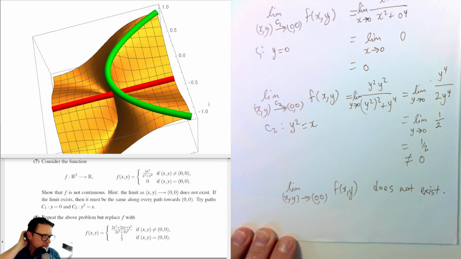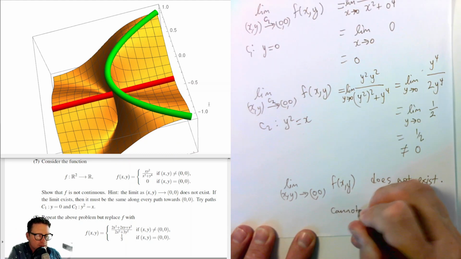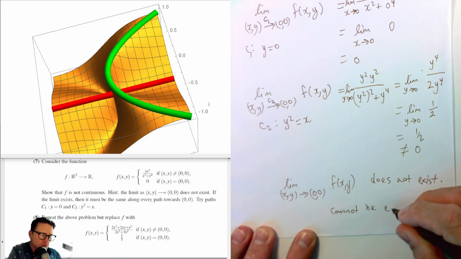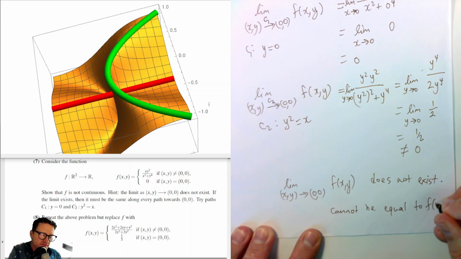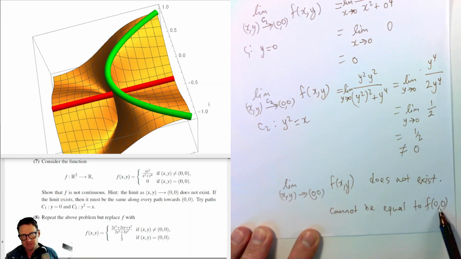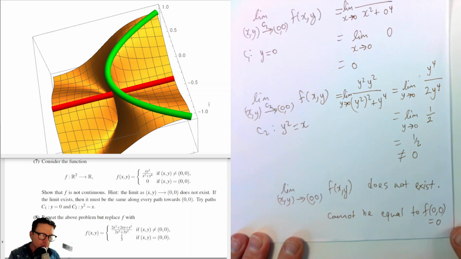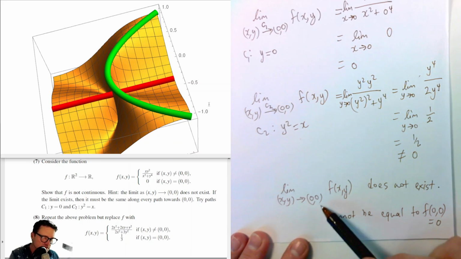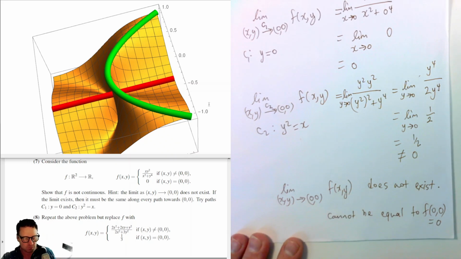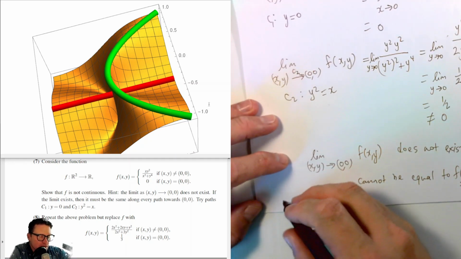And hence, if it doesn't exist, it cannot be equal to the value of the function at (0,0). Incidentally, this was set out to be equal to 0, but it can't be equal to this because this doesn't even exist. So therefore, it's not continuous at the point (0,0).